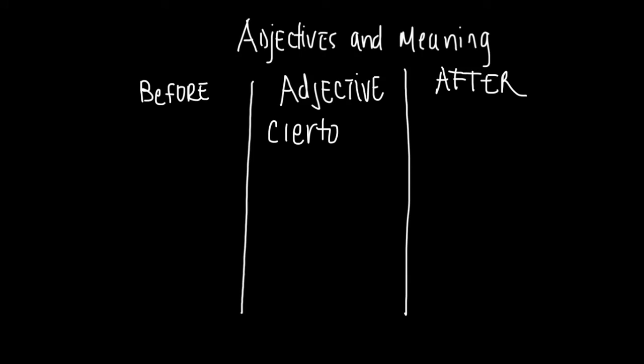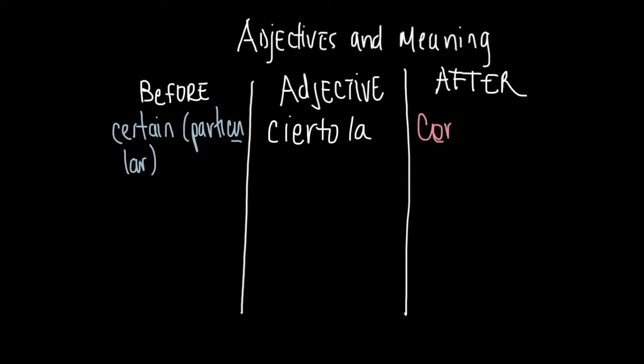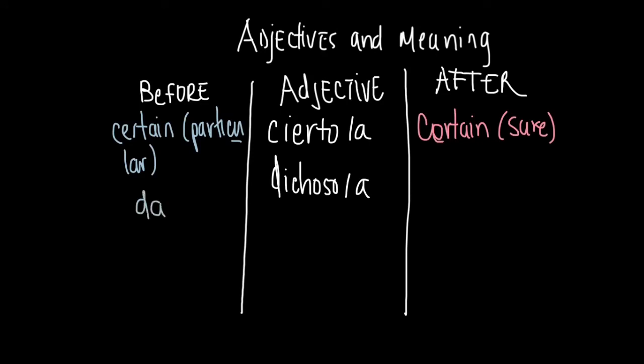So, there are certain adjectives that change meaning based on their location. So, for instance, cierto, cierta means certain as in particular when it is located before a noun, and it means certain as in sure when it is located after. Dichoso, dichosa means darn before a noun, and it means happy or fortunate after a noun.